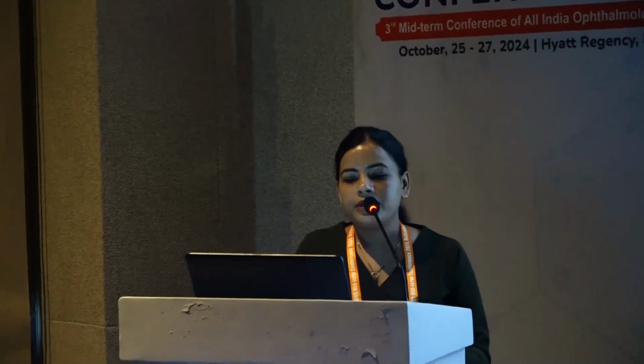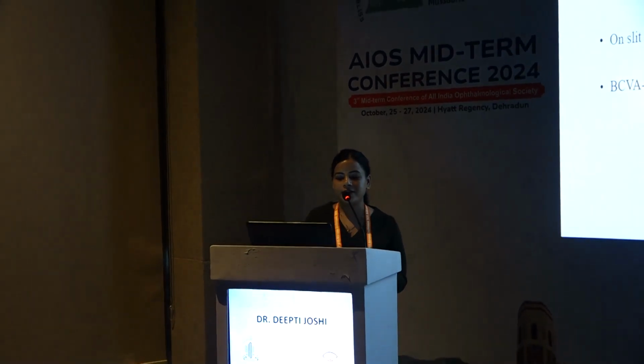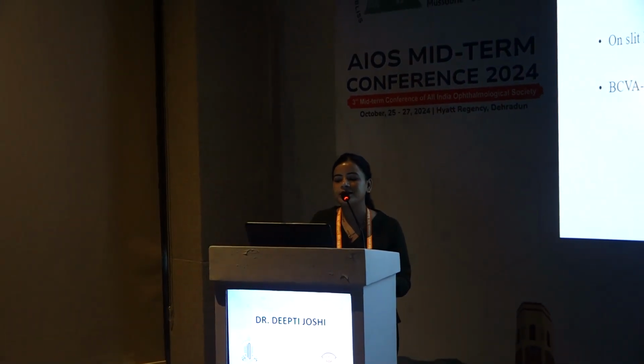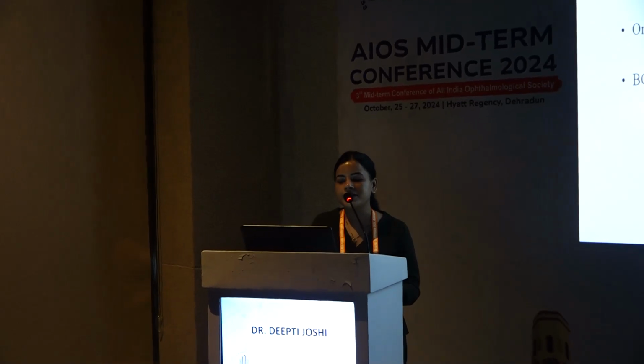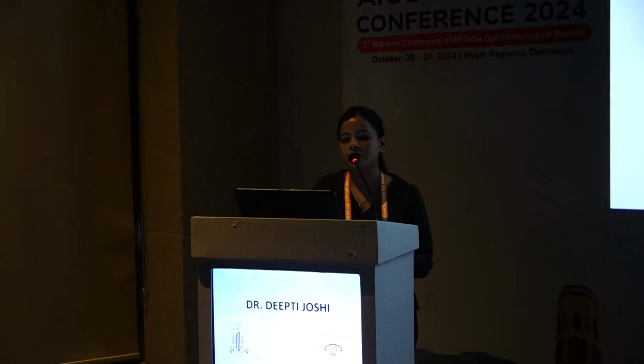Coming to case 2, it is a case of a 60-year-old female with redness and a mass encroaching on the cornea of the right eye since 6 months. On slit lamp examination, it appeared as a gelatinous carcinomatous lesion, and visual acuity is quite good in this case also.